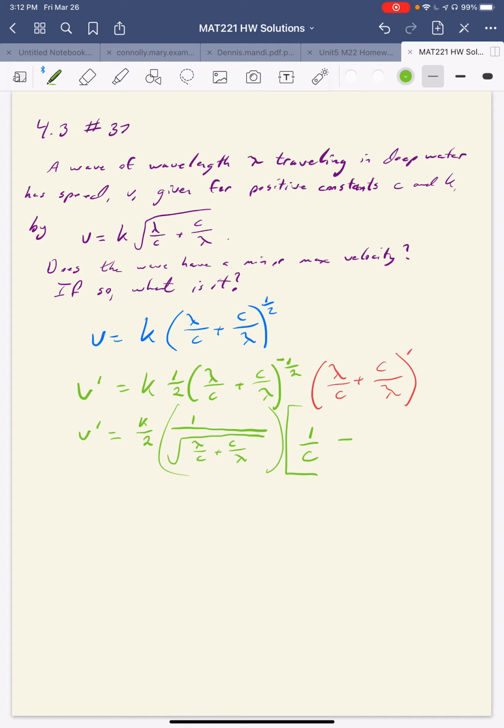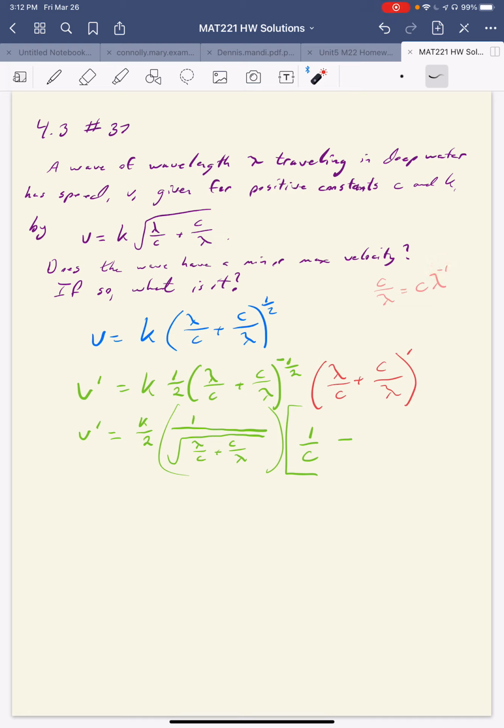Now I'm going to come up here just so you can remember what that means. c over lambda is equal to c times lambda to the negative 1. So when I take the derivative of that, instead of plus here I'm going to have minus, because I'll bring down the negative 1 to the front.